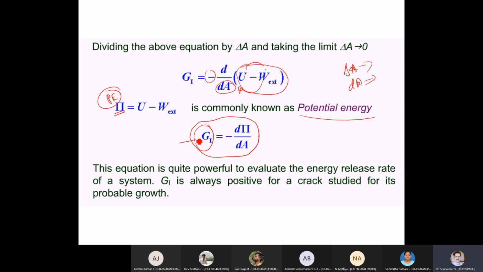So how to get G1? When you have the potential energy, that is the change, delta A tends to 0. That means every small increment, because tends to 0 means very, very small, infinitesimally small.